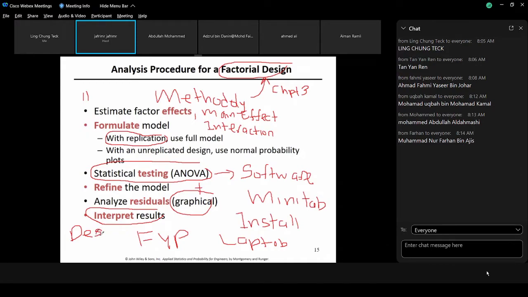This is the most important thing, the decision making process. Any issue: collect the data, prepare a data collection sheet, analyze, and then make decisions, right?